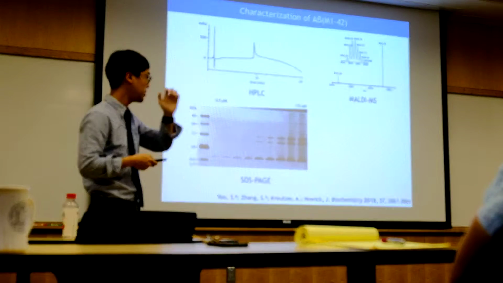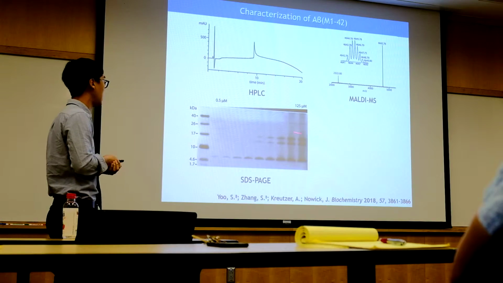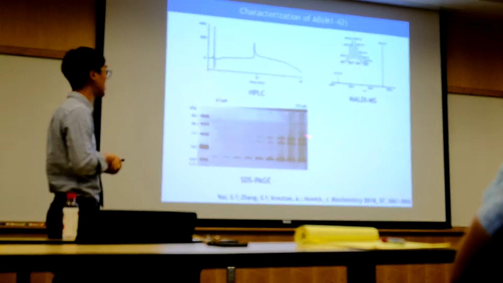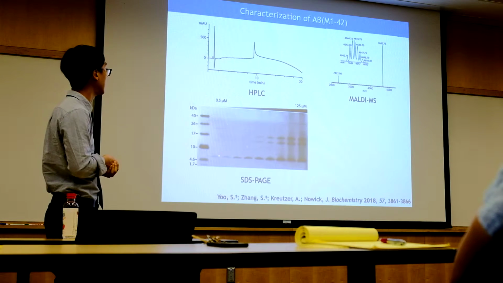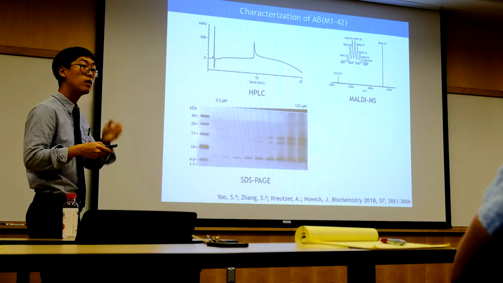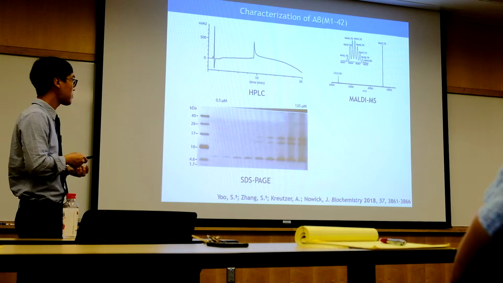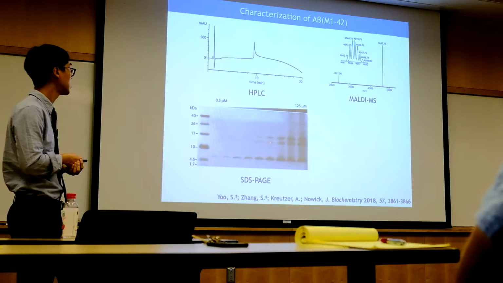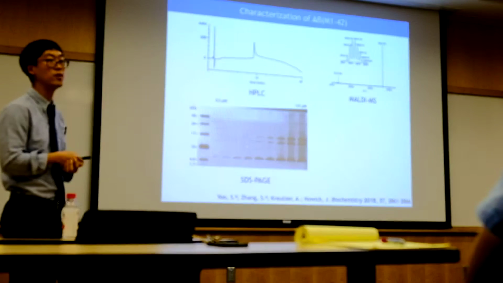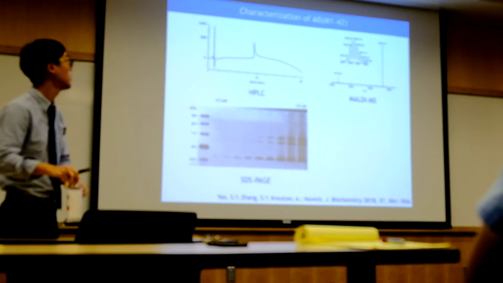And by SDS-PAGE gel, I was able to see this signature pattern of A-beta monomer at low concentration, and this oligomer pattern that's believed to be trimeric assembly and tetrameric assembly at higher concentration of A-beta.